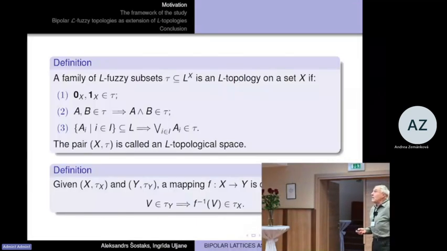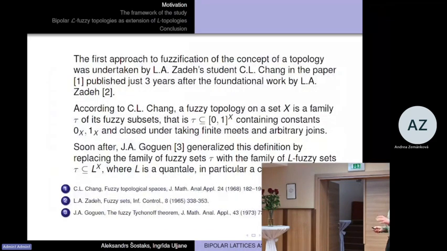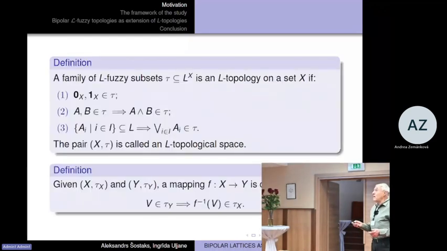The first object we work with here is L-topology. At the beginning it was called L-fuzzy topology; now it is usually called L-topology, where L is a lattice. The definition is very clear. A topology on X is a set of open sets, and the axioms are: the empty set and the whole set are open, the intersection of two open sets is open, and the union of a family of open sets is open.